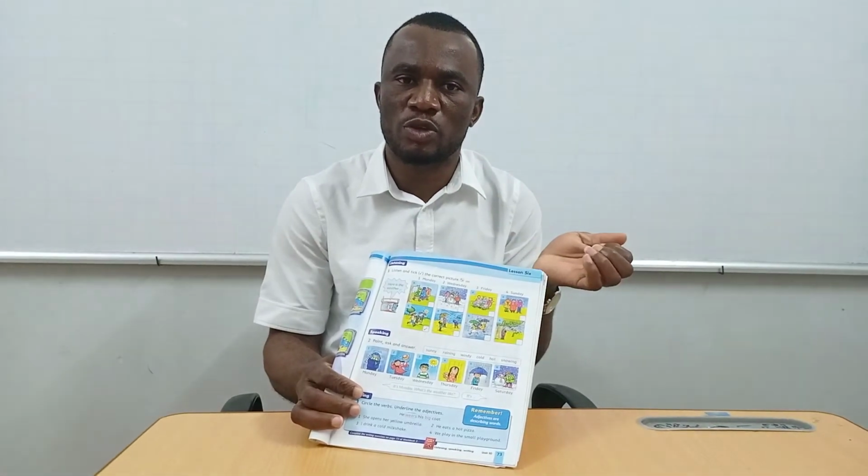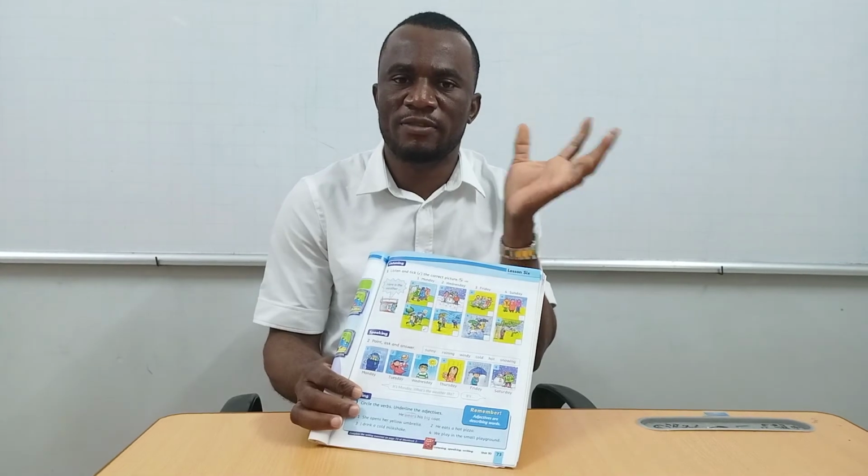Those words we use to talk about the colors of things, the size of things, big or small. All those words are adjectives, describing words, while verbs are doing words or action words. So here we are to circle the verbs and underline the adjectives.